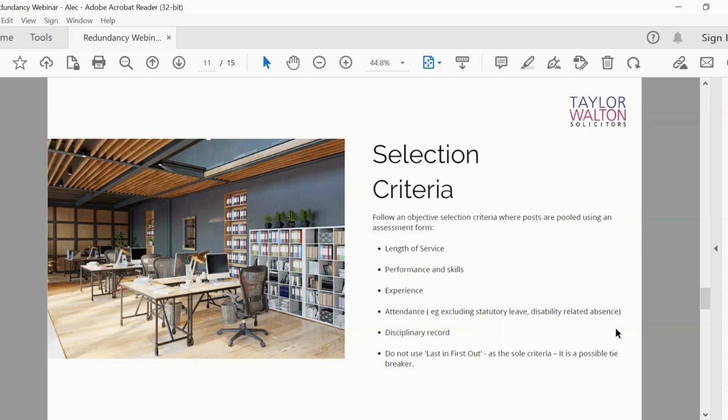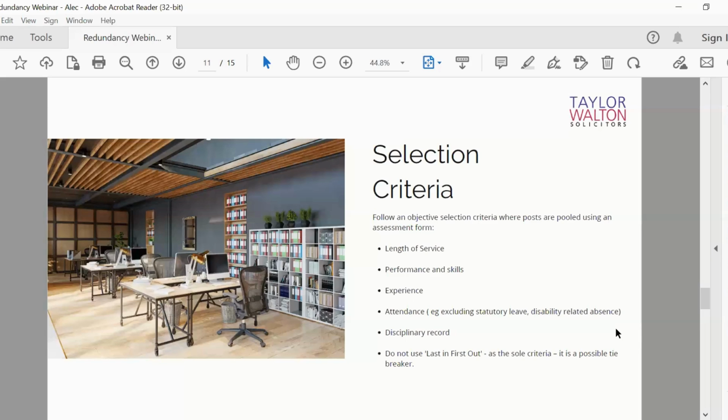So where we have, going back to my example of 10 widget makers, we only require 5. So you would assess each of those employees against a scoring system, which can be weighted. So a greater emphasis could be put on performance and skills, experience, and to a certain extent that will be subjective, but it's an objective criteria in itself. But the employer is providing an assessment of the individuals.